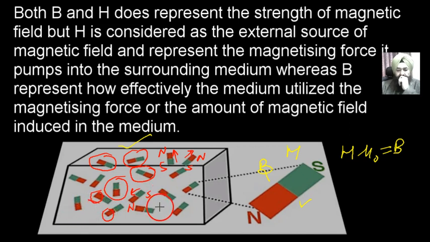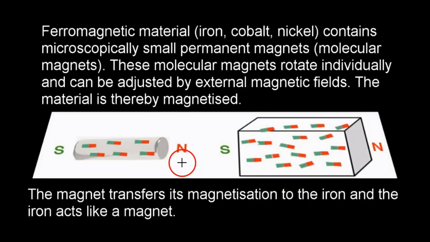But when we keep the magnet near this ferromagnet or the paramagnet, what happens? The dipole moments start aligning themselves along the direction of B. So this is our magnet, this is the ferromagnet, and this is the north pole of the magnet.